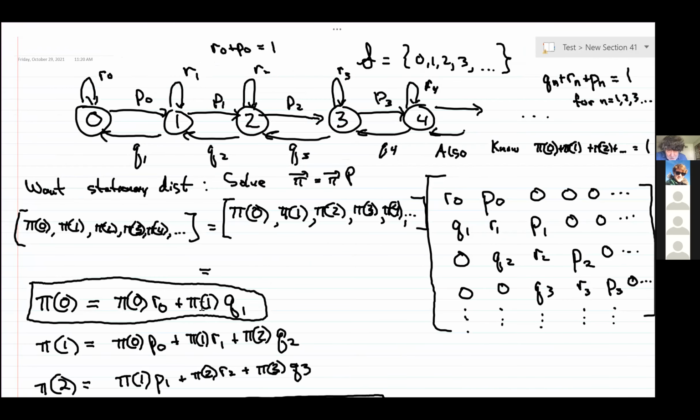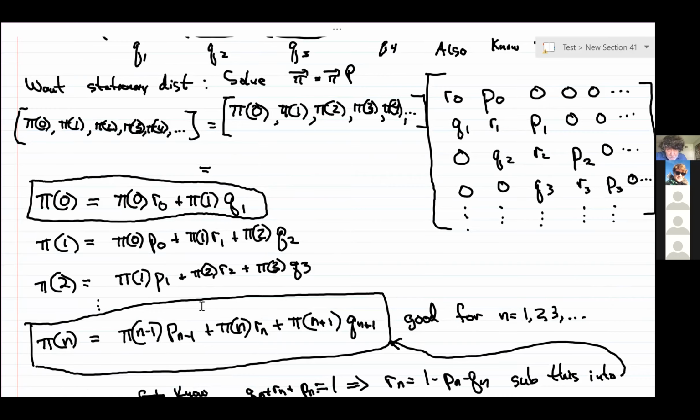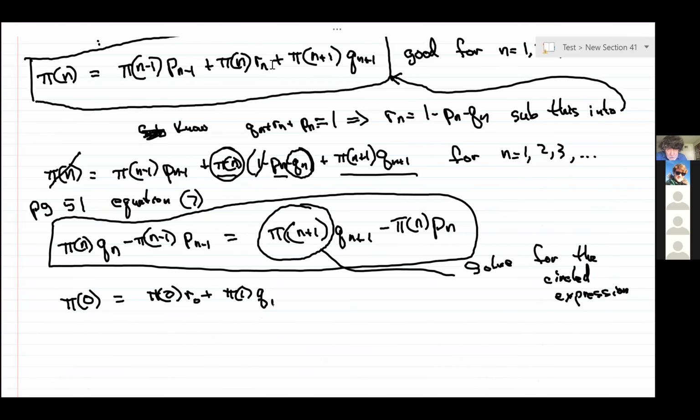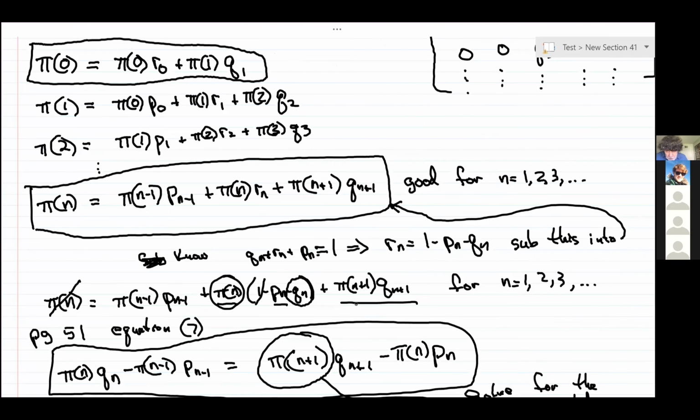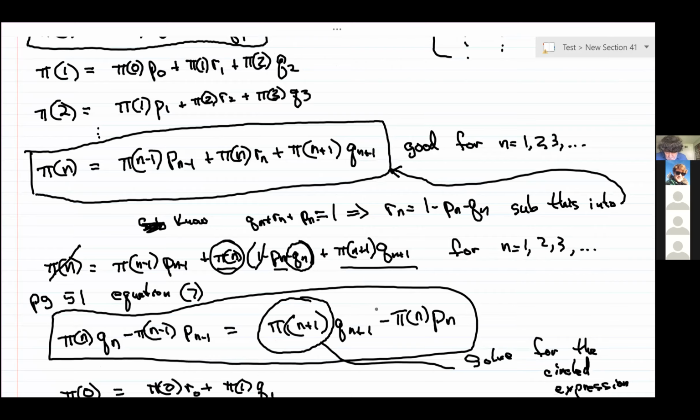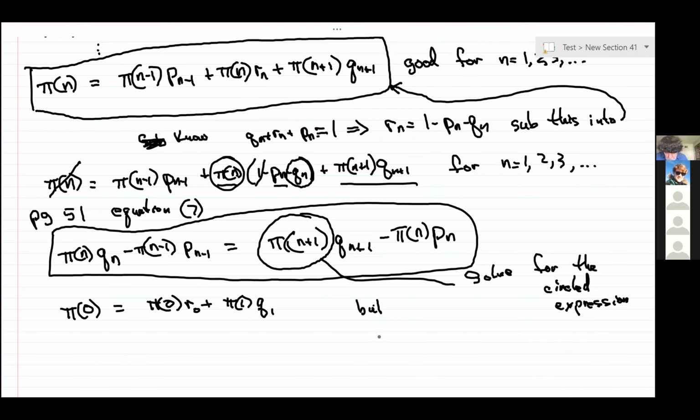Okay, but we just said that R0 plus P0 is 1, which implies that R0 is nothing more than 1 minus P0.